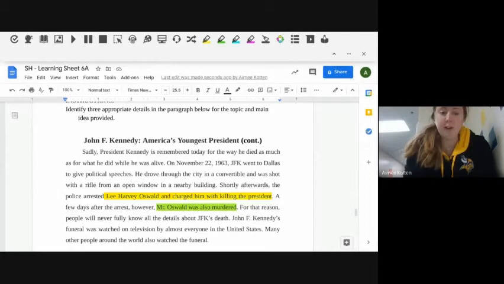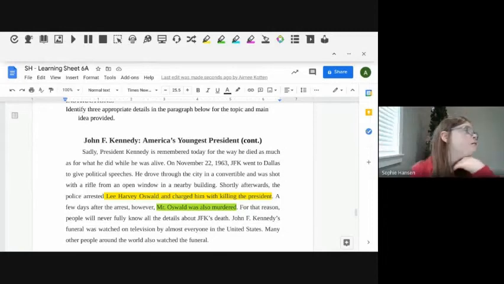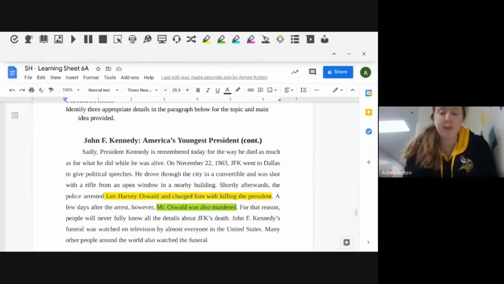Because we want to know what details show President Kennedy is remembered for his death, right? Yeah. So what tells us about his death?